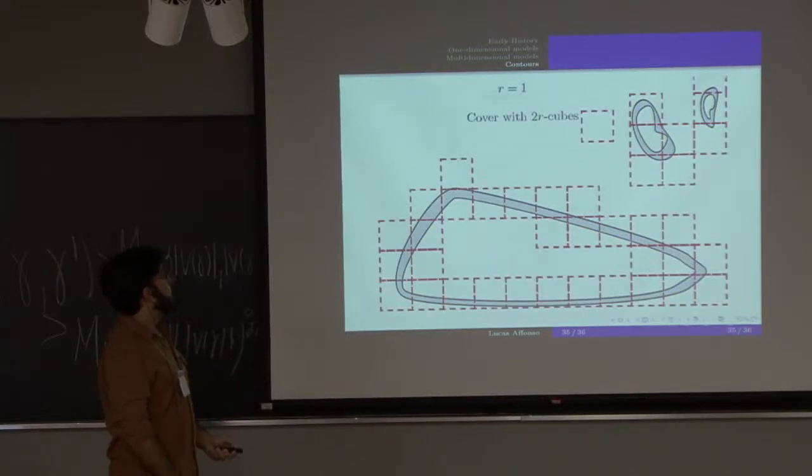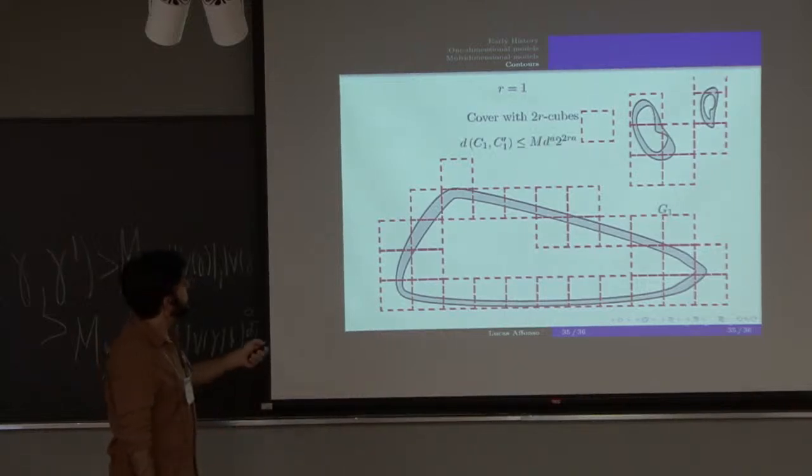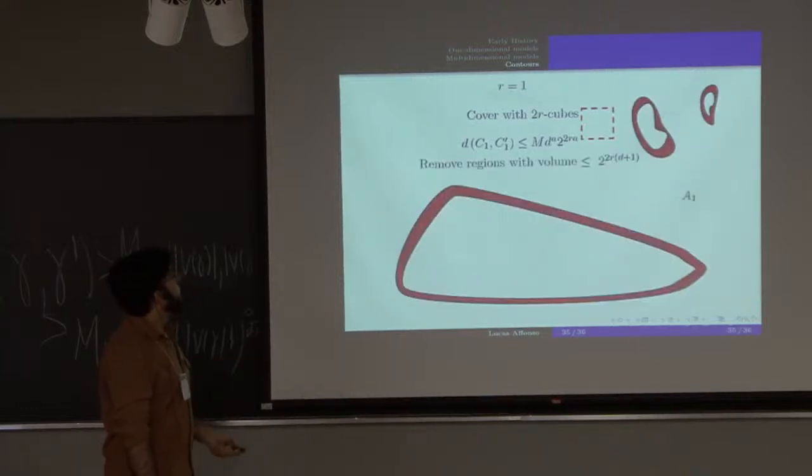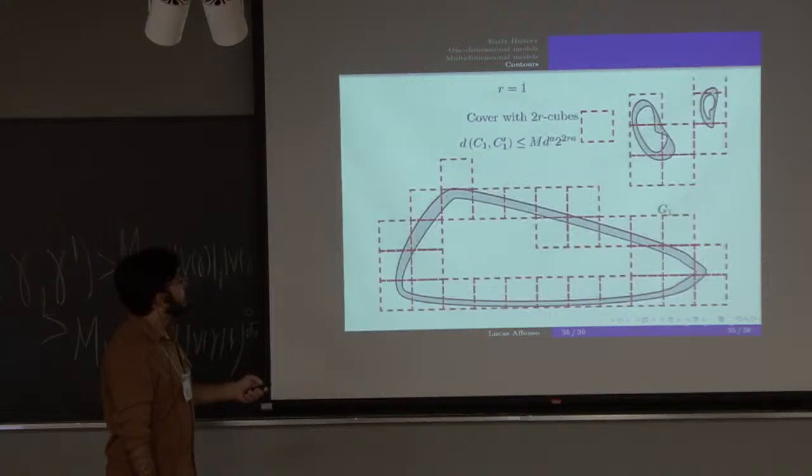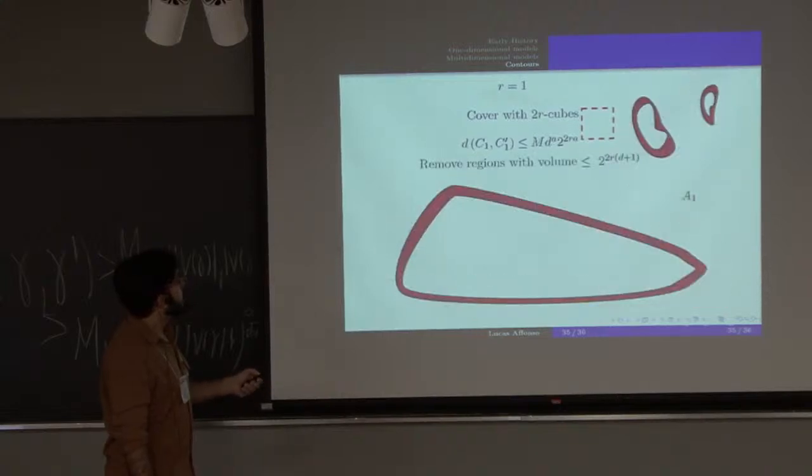And then you go to the next scale. You construct a graph again, updating the edges, and you only look at the connected components with volume less than 2^(2R(D+1)). So you also update the restriction on the volume.